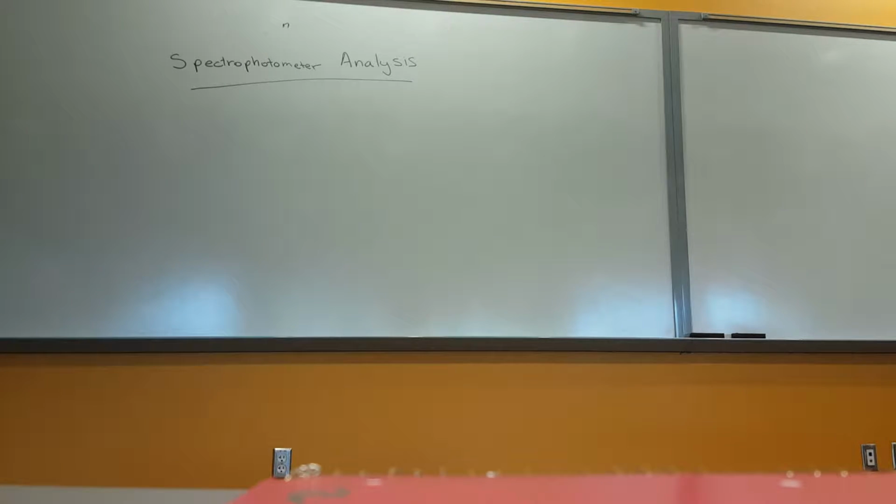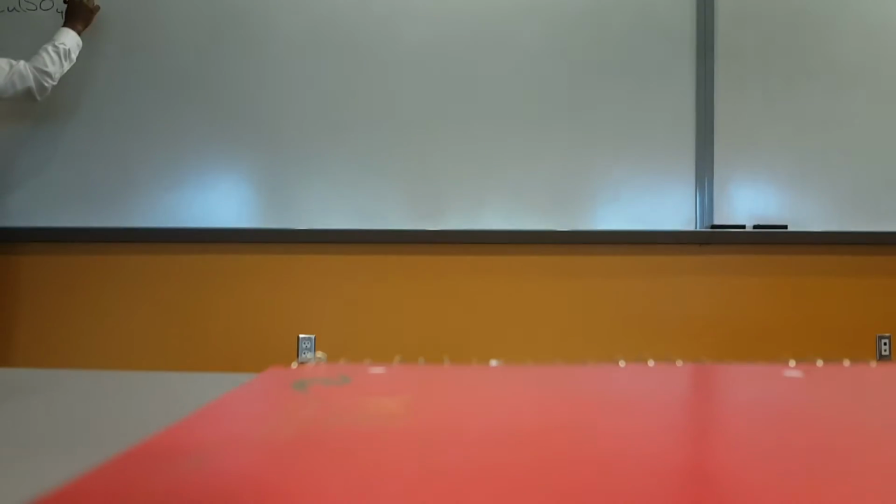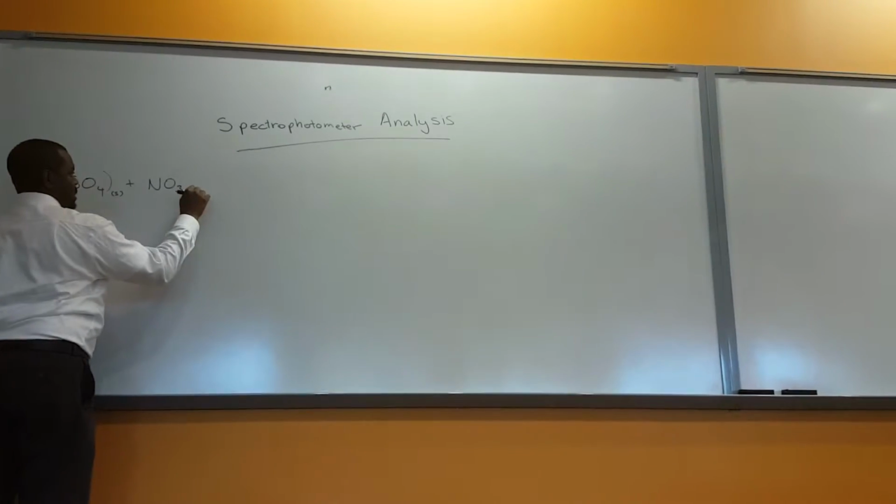One of the most obvious things you may encounter typically is color change, right? So for example, if I take copper sulfate, CuSO4, as a solid, plus say nitric acid, aqueous.